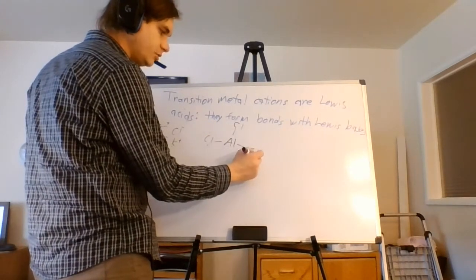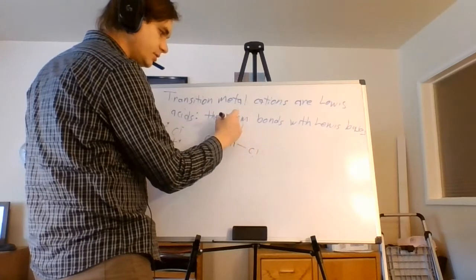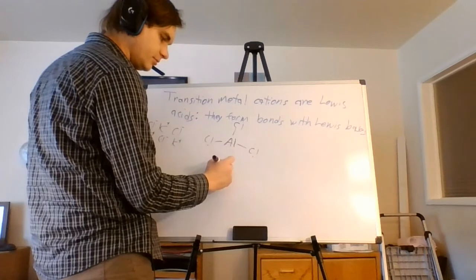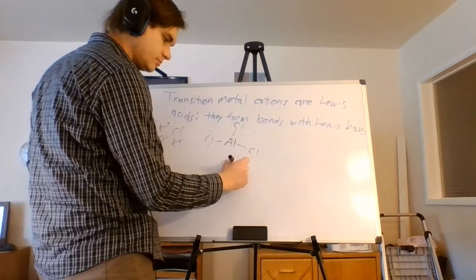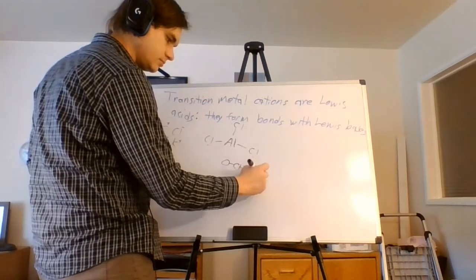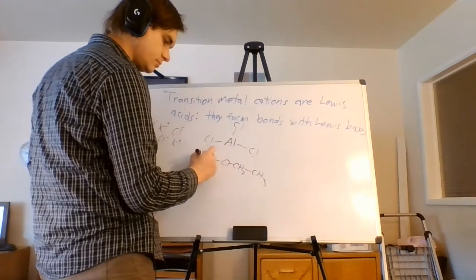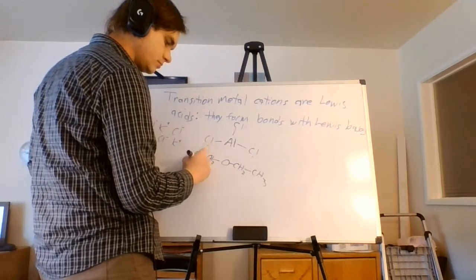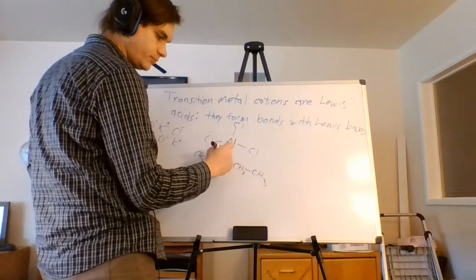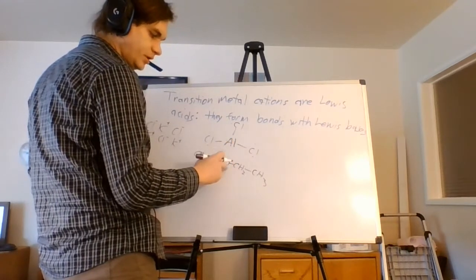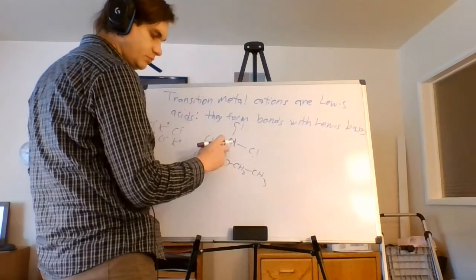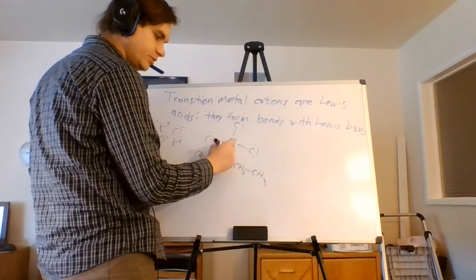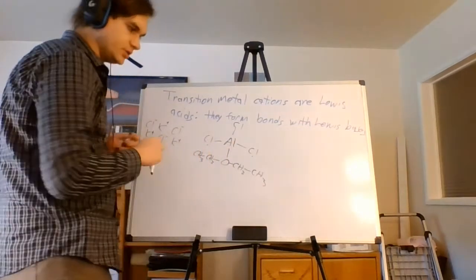So if you take aluminum chloride and you dissolve it in something like diethyl ether, the bond that forms between these will form between the oxygen and the aluminum using the lone pair that's on the oxygen.